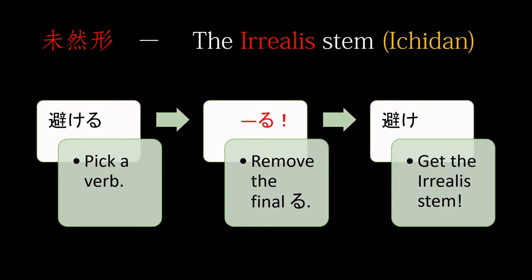And in the second step, we need to remove the final ru in order to get the Irrealis stem. So it's fairly simple. Pick a verb, remove ru, and you will get the Irrealis stem, meaning that sakeru becomes sake. And this stem, like we said, is mostly used in passive, causative, or negation.